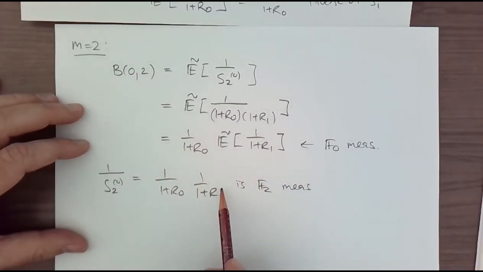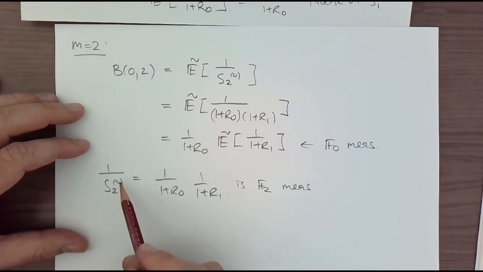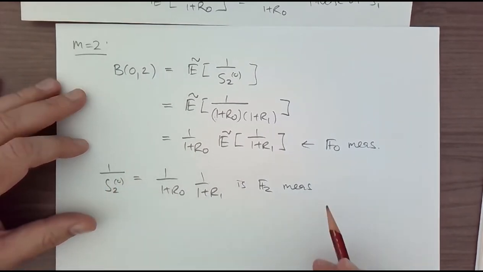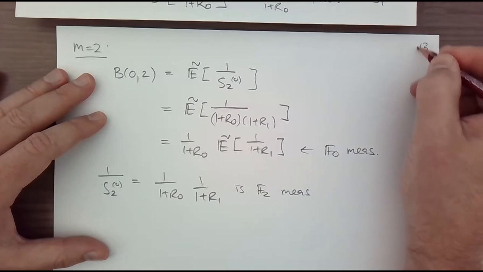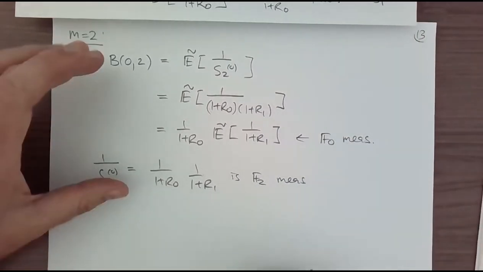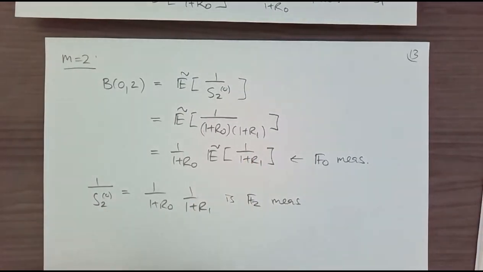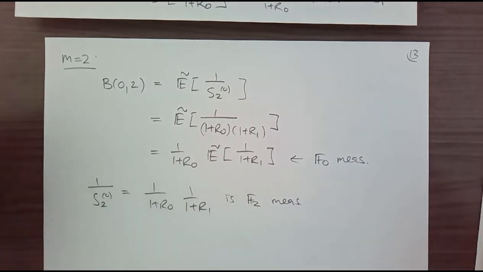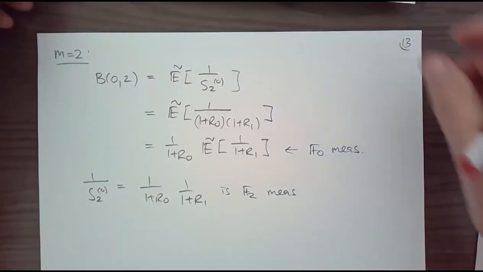B02 is not given as the inverse of the bank account anymore. That was true if you had interest rates that were not stochastic. Here, R1 is potentially stochastic, and you will not have this property. Any questions on this?